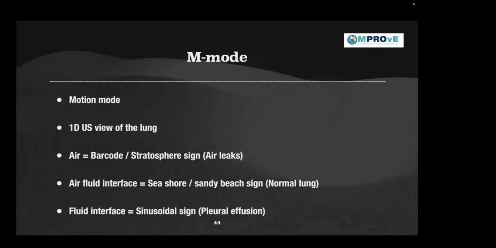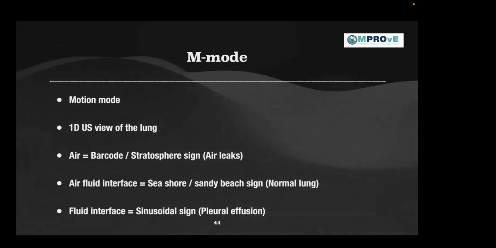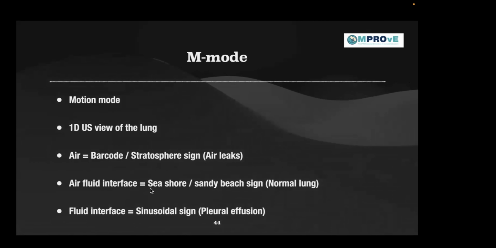And if you see only fluid interface, I can imagine conditions like empyema, pleural effusions. In those kinds of scenarios, you're going to see something called a sinusoidal sign. So basically, these are the three signs which we are trying to look at when we are interrogating with the M mode.